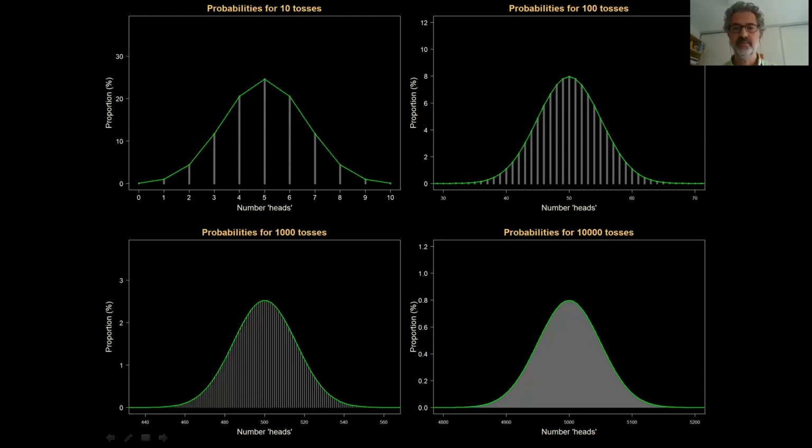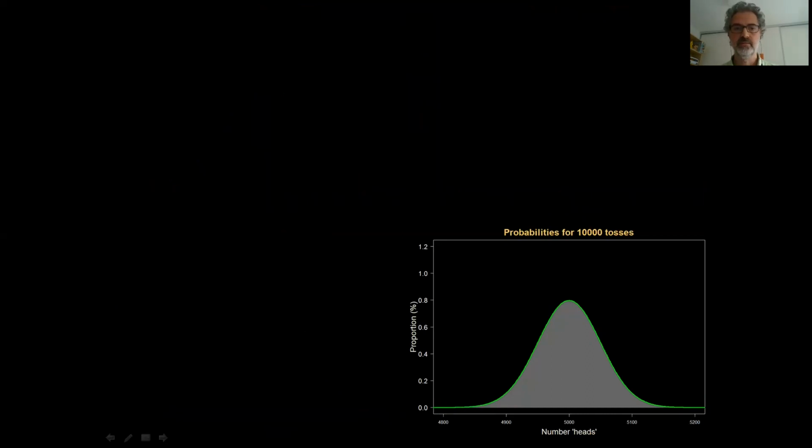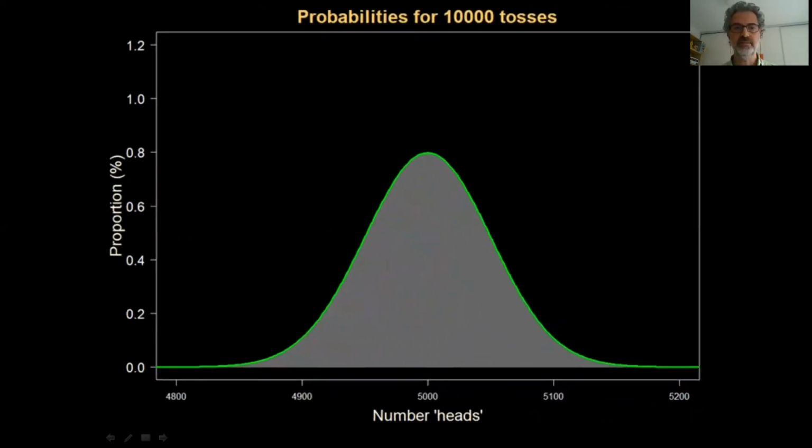So imagine, starting from 10,000 tosses, that we now go up to tossing forever. This means that the number of tosses goes to infinity, uncountable. And the little bars become so thin that they actually have no width.